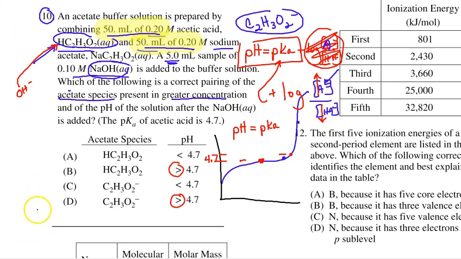And this is important, even though you may see it already. As the HC2H3O2, the acetic acid, is forced to give up its H to the strong base, you make more conjugate base.